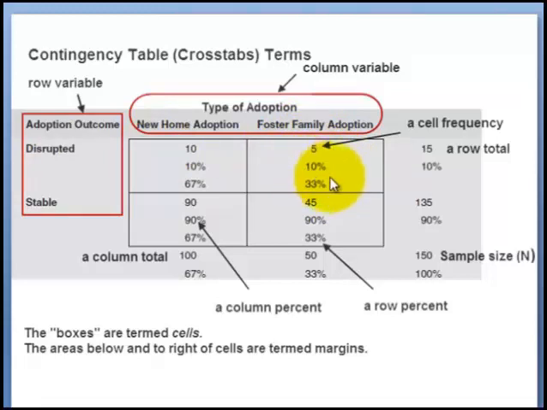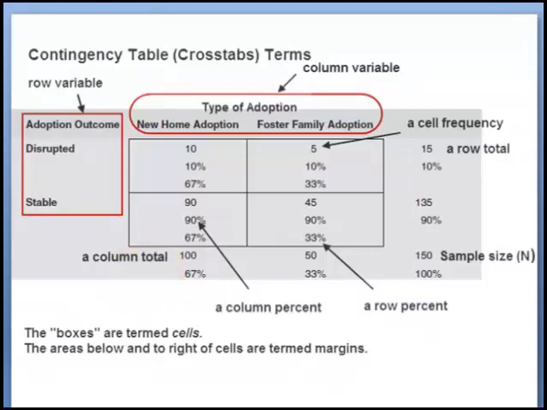Now, what we were looking at before were the margins of the contingency table. So the numbers to the right are in the margins. That's basically the right margin, and then the numbers below the boxed in areas would be our bottom margin. So the main area of the table comprises cells, and then outside of these boxed in areas we have our margins.